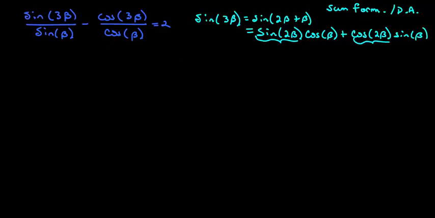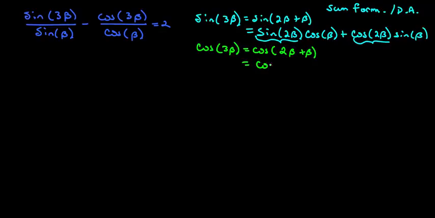Well, I'm going to, in a different color, work on the cosine of 3 beta, which is the cosine of 2 beta plus beta, like that.